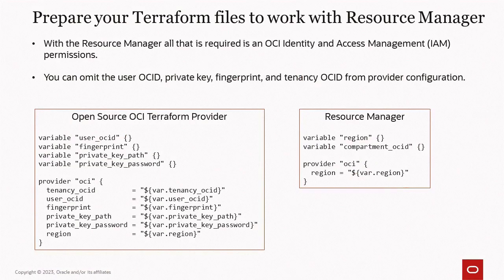Some other benefits to working with Resource Manager is because, once again, it's synced with IAM, you don't have to put as much information in the Terraform provider file. So as you can see here, if you're using the open source Terraform provider, you've got to have your private key path and your private key password, your API fingerprint, etc. So there's a lot of really, really sensitive data that you need in your configuration file.